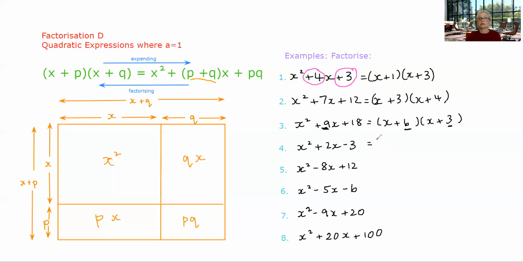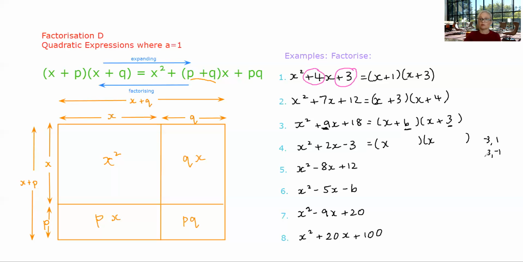Now this next one's a little bit more difficult because we've got a negative. That's okay though. We want two numbers to multiply to give -3, but add to give 2. Now just let's think logically about this for a minute. If you want to multiply to give -3, then you've either got to have -3 and +1 or +3 and -1.